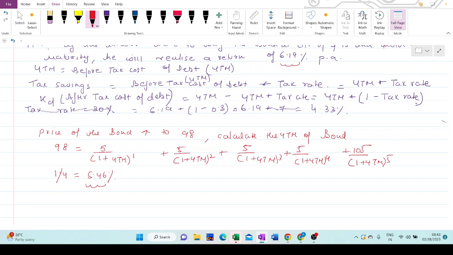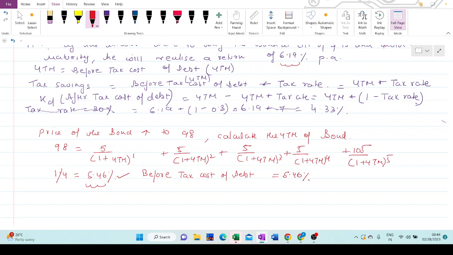And guys, the idea is that if the company were to issue new debt today, it would be able to raise it at what cost? At 6.19 or at 5.46? 5.46. Yes. So now my before tax cost of debt has changed to 5.46%, right? Because remember the idea, what did I tell you?